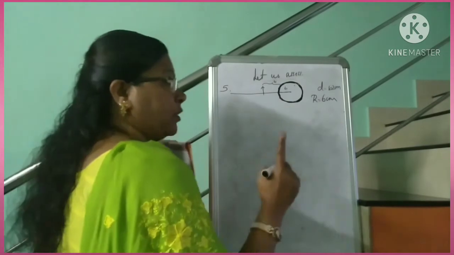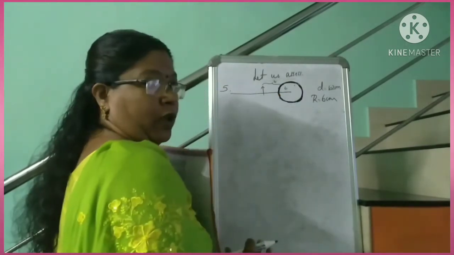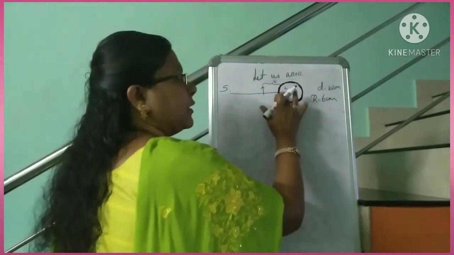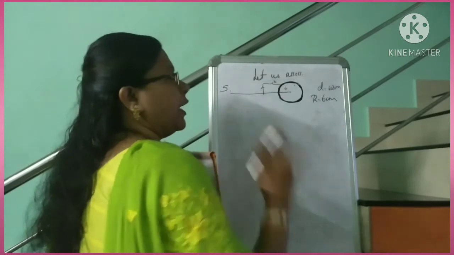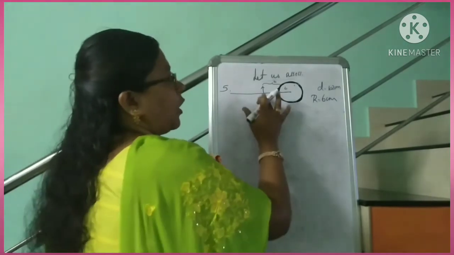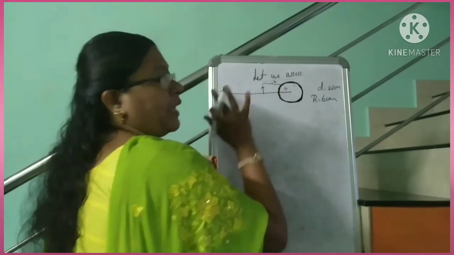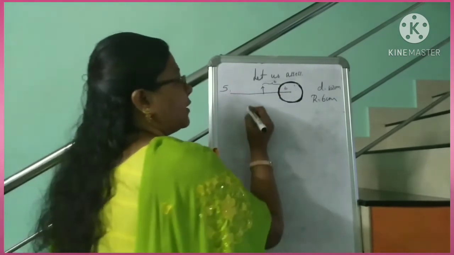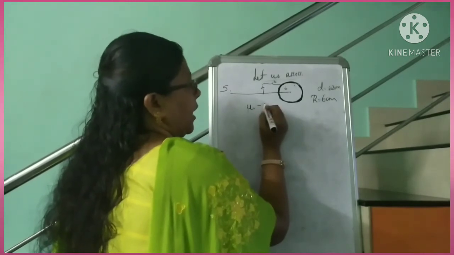Understood? From the center of the ball, 6 centimeters gone here. Then what is remaining? Remaining is again only 6 centimeter. So the object is kept at a distance of 6 centimeter from the outside of the ball. So what is u here? U is equal to minus 6 centimeter.